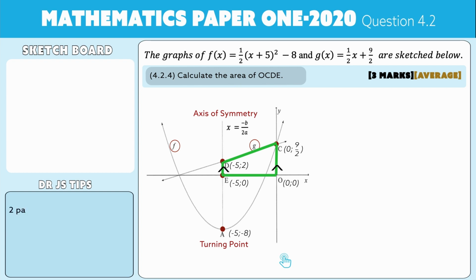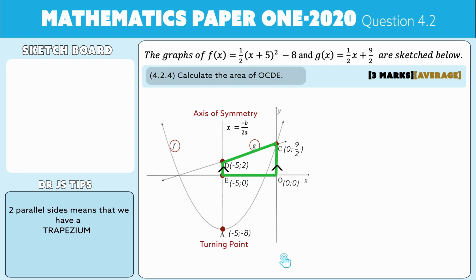Let's write this in the tips. 2 parallel sides, and this means we have a trapezium, or a trapezoid as the Americans would call it. It's called a trapezium here in South Africa.